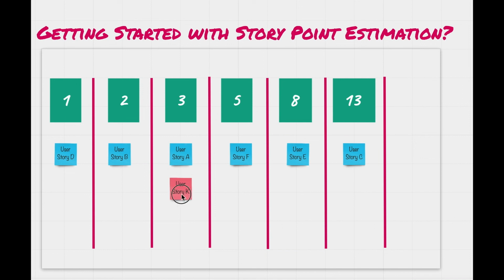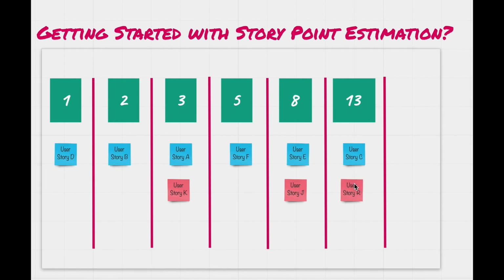User story J probably is bigger than user story K, and maybe similar size as user story E. So now you already have an idea about how to add story points to each user story. User story R may be of similar effort as user story C. So we can put it as 13 story points.